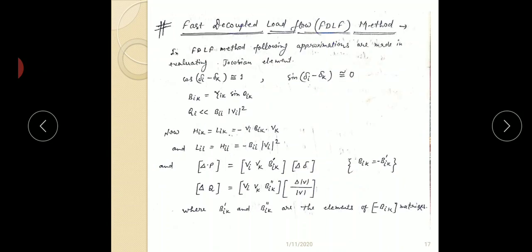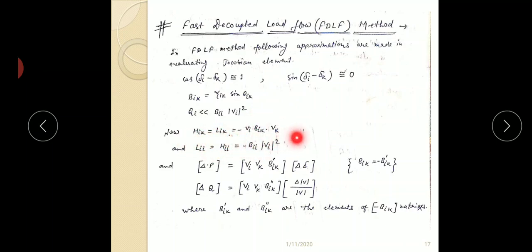And there is one more method, fast decoupled load flow, FDLF, just similar to the DLF. In FDLF method, the following approximations are made in evaluating Jacobian elements. So these are some assumptions: cos(delta i minus delta k) approximately equal to 1, sin(delta i minus delta k) approximately equal to 0, Bik equal to Yik sin theta ik, and Qi much less than Bii Vi square.